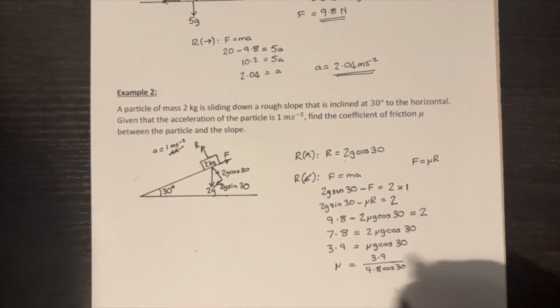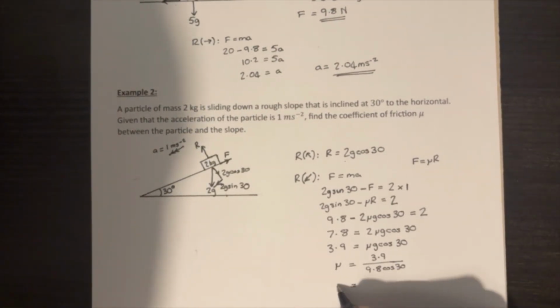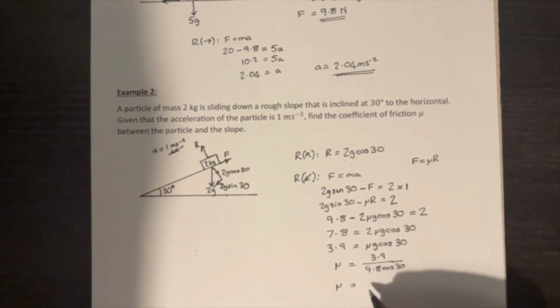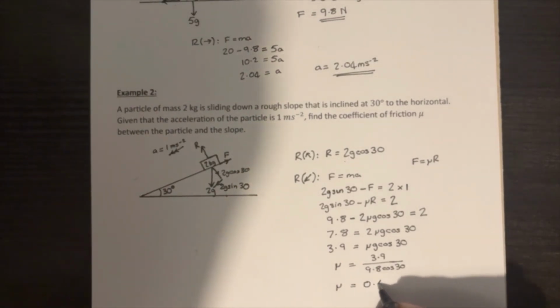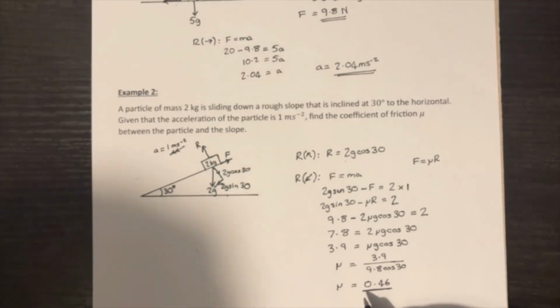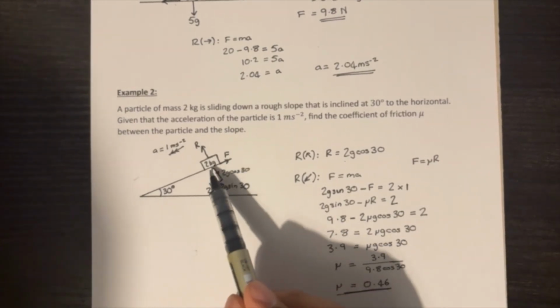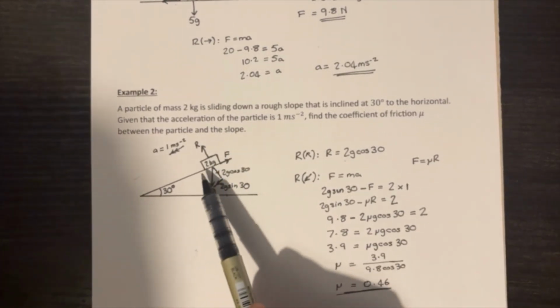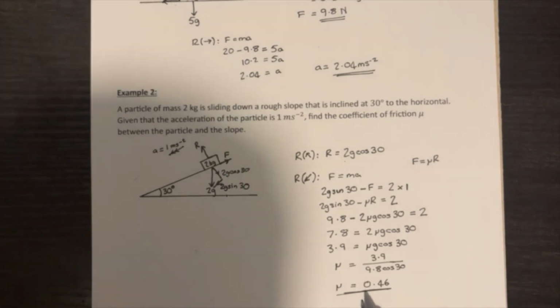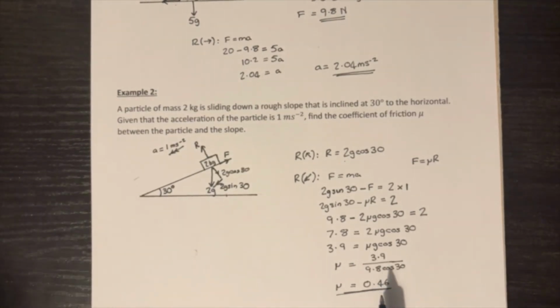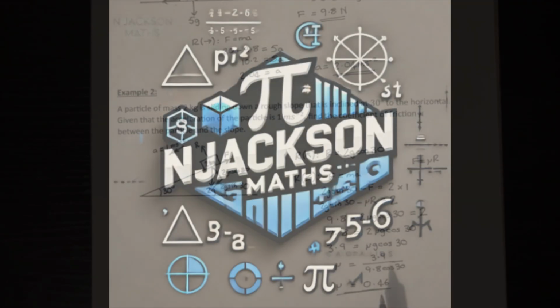When we do, that is going to give us that mu was equal to 0.46 to a couple of decimal places. So that tells us that the coefficient of friction between our object and the plane was equal to 0.46.